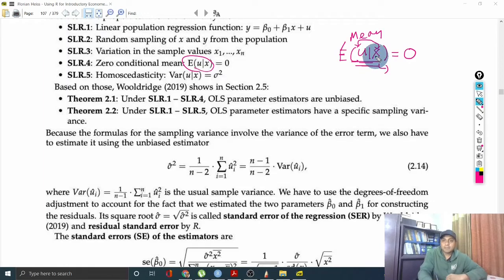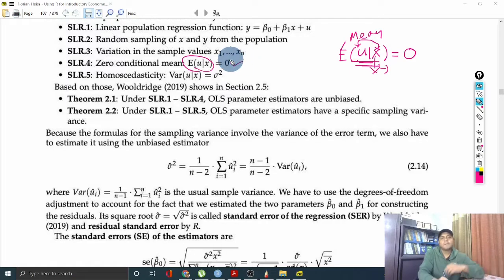So the regressor, or the independent variable, should be mean independent, not mean dependent, and especially not dependent on the mean value of the error term. Otherwise we might face this endogeneity problem, and the endogeneity problem will lead to a bias problem, and therefore your model will not be accurate.